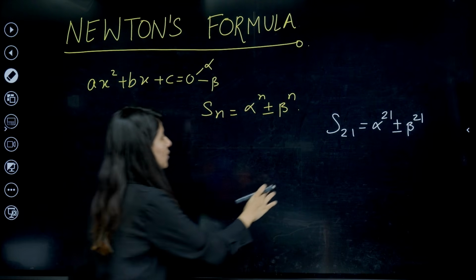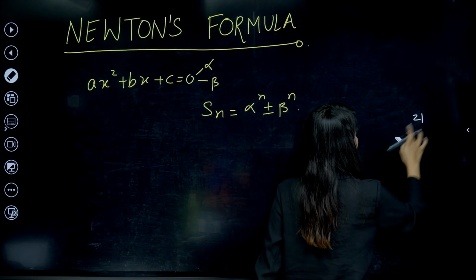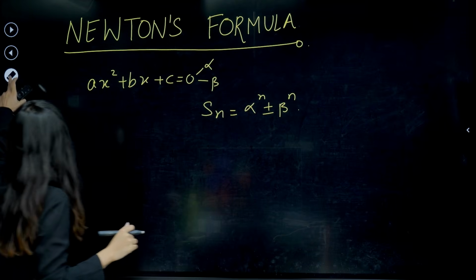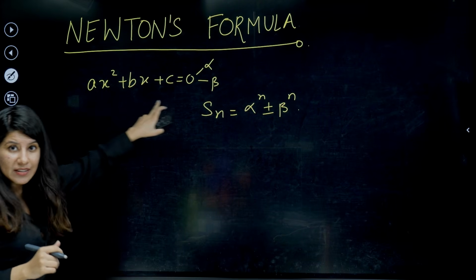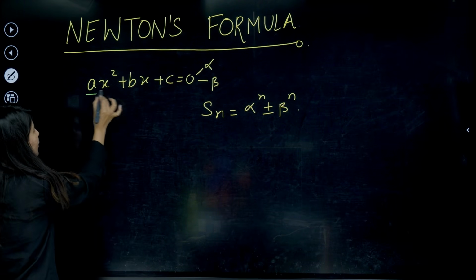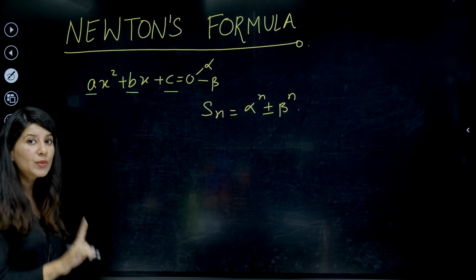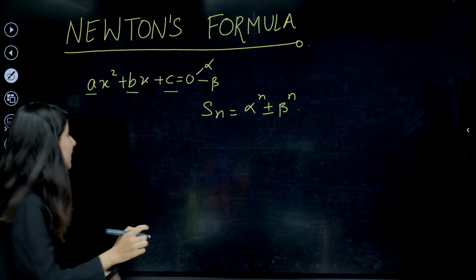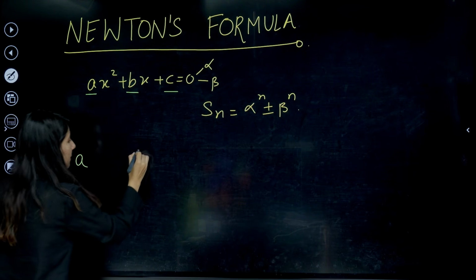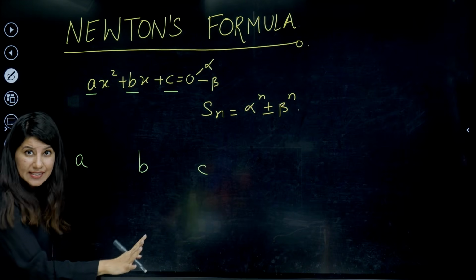Okay. All right. So now what does Newton's formula say? Newton's formula says that if you have this quadratic equation whose coefficients are a, b and c, you can simply write the coefficients a, b and c along with the sign.